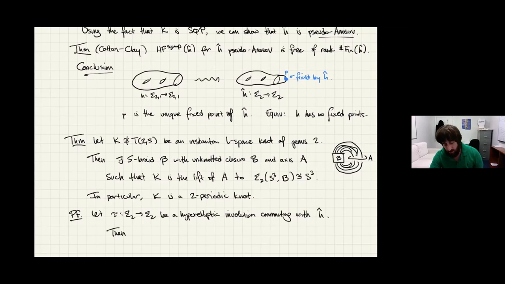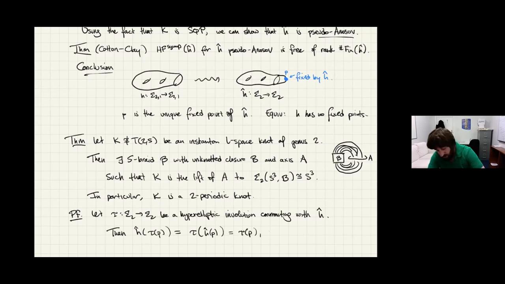Then, what happens if we apply the monodromy to tau of P? Well, this involution tau is supposed to commute with the monodromy. And P is supposed to be fixed by the monodromy.